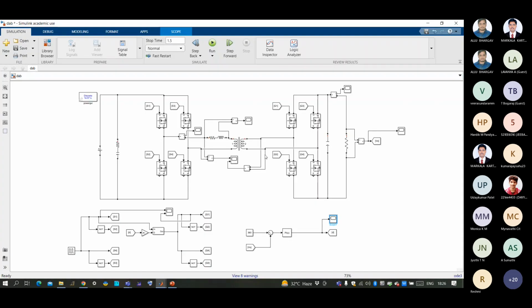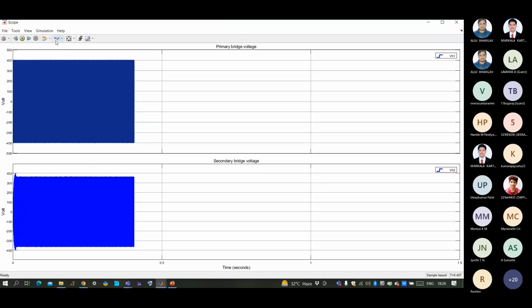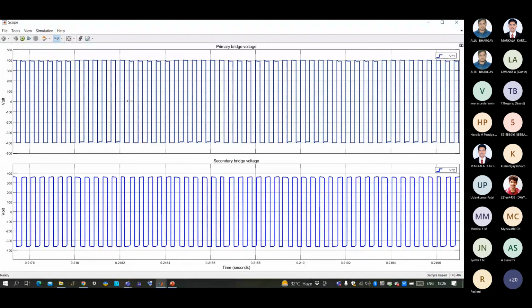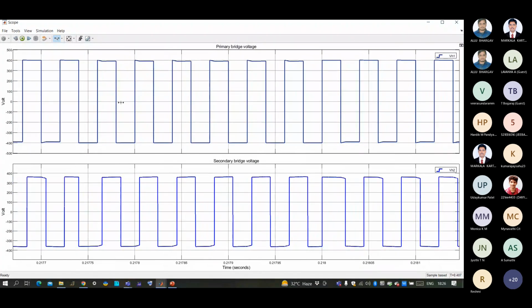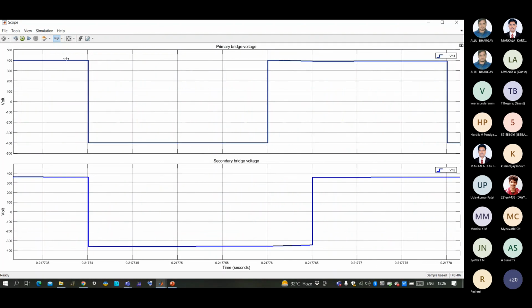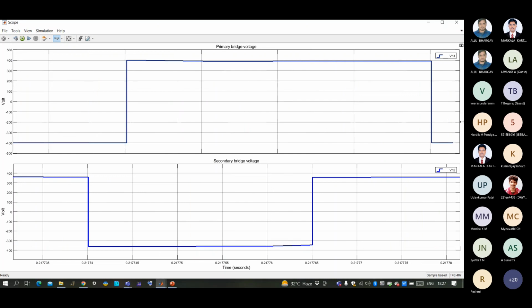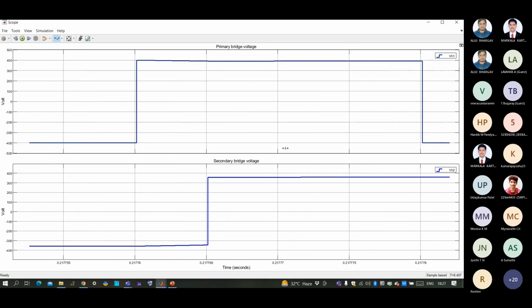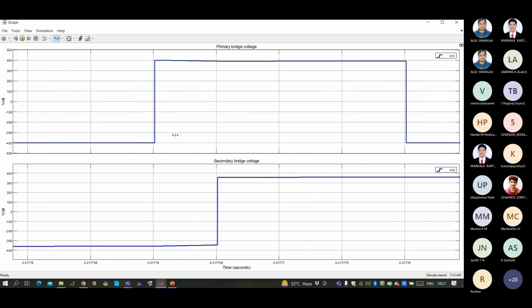And here we can see the primary voltage and secondary voltage. And here we can see the phase difference. This is the primary voltage and this is the secondary voltage.